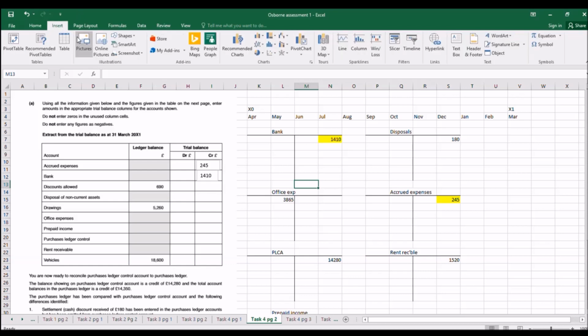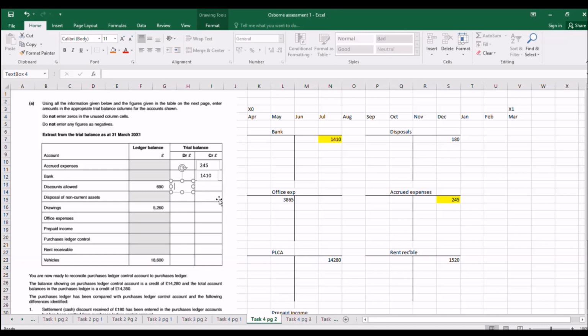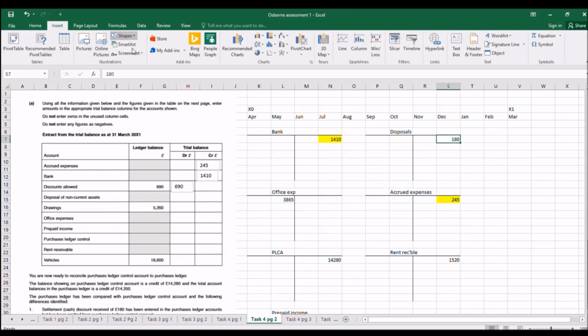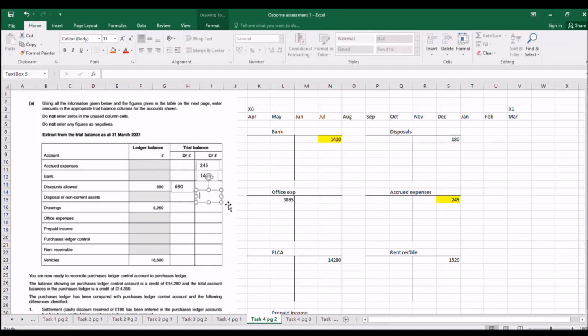We've basically sold something and we have allowed a discount, so we've reduced our sale, so that is going to be a debit, 690. Disposal of non-current assets, so our profit on disposal is going to be our credit there, 180.